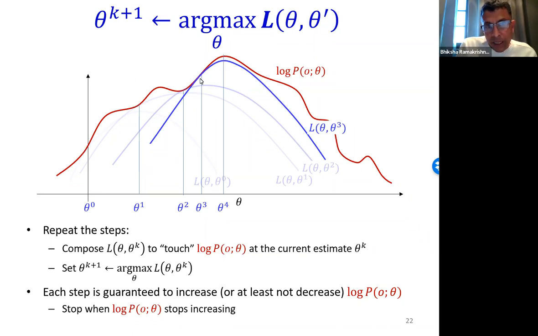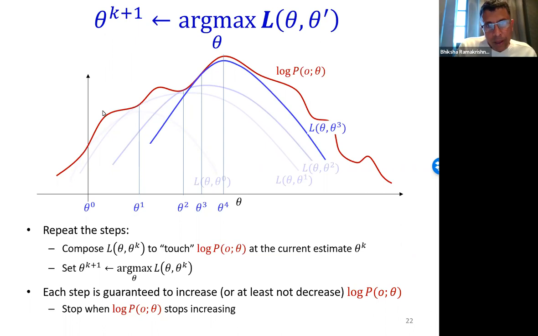On the other hand, if my Q is not exactly the posterior of H, then log P of O semicolon theta is the log likelihood of the observed data, using theta as the current parameter for the model. That answer your question, Dennis?